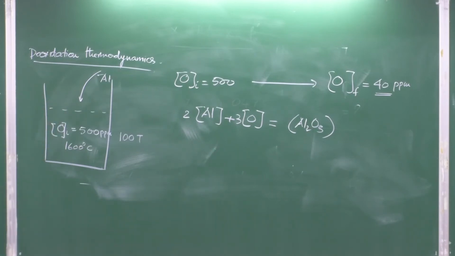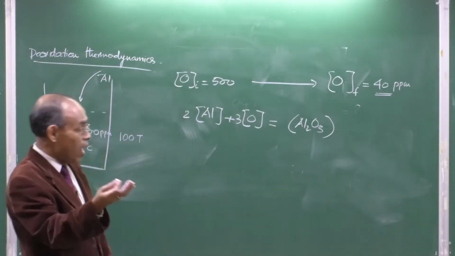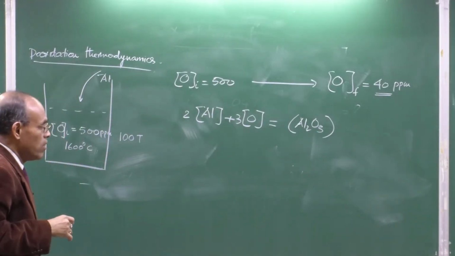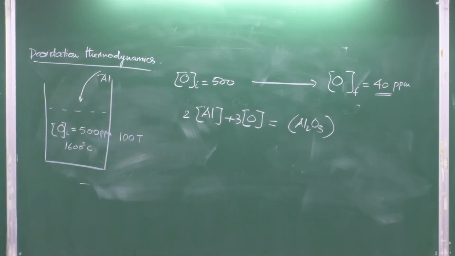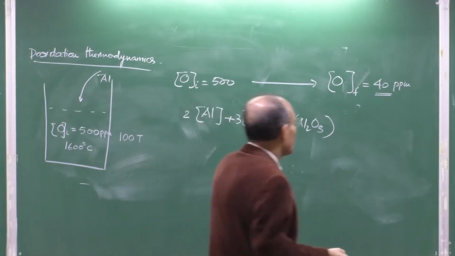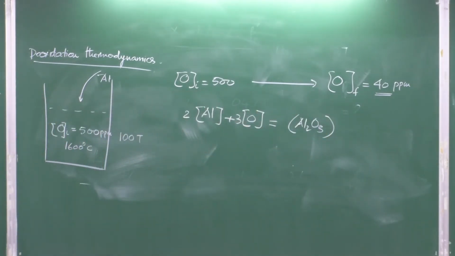Now, Al2O3 can be a pure Al2O3. The problem can be of different levels of complexity. If you are doing complex deoxidation with aluminum, silicon, manganese, then you can have silico-manganese or aluminosilicate inclusions, or silicate inclusions containing both Al2O3 as well as MnO.